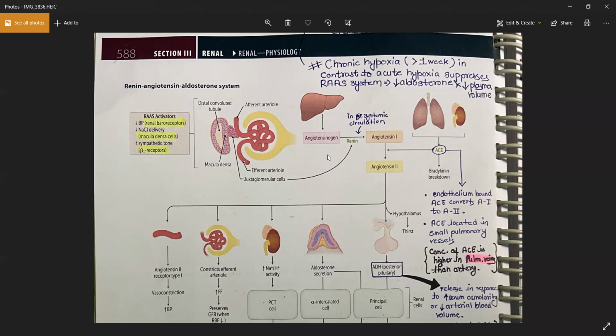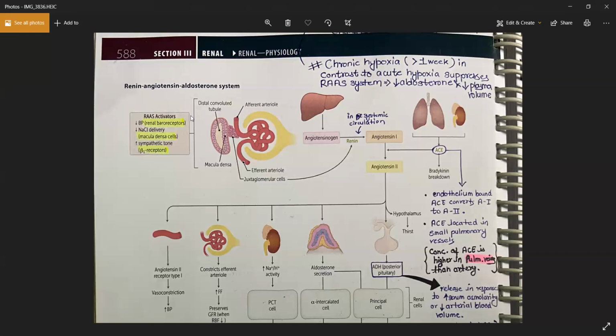Not the macula densa cells, JG cells. The JG cells, juxtaglomerular cells, right? The modification of my DCT are the macula densa cells. So the JG cells, macula densa cells, and some interstitial or mesangial cells form this RAS system, the renin angiotensin aldosterone system.